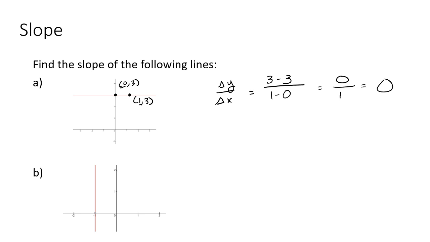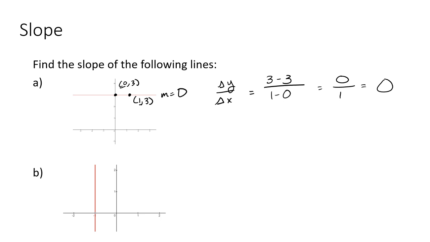So if you have a perfectly horizontal line, because the change in y is always going to be 0, the numerator is always going to be 0, these would always have a slope, which we indicate with the lowercase letter m, of 0.